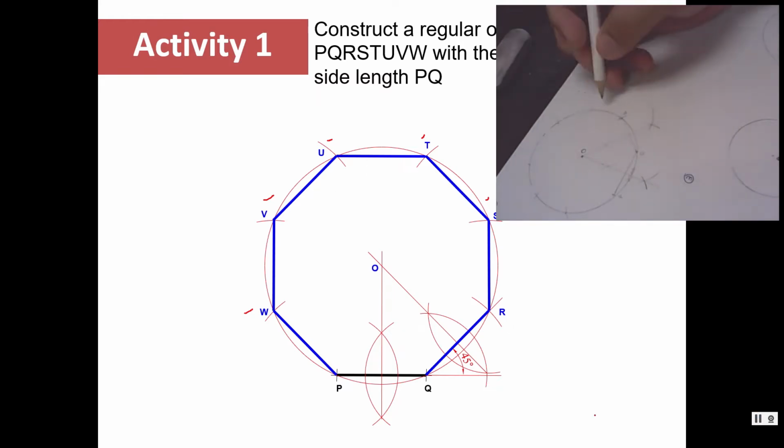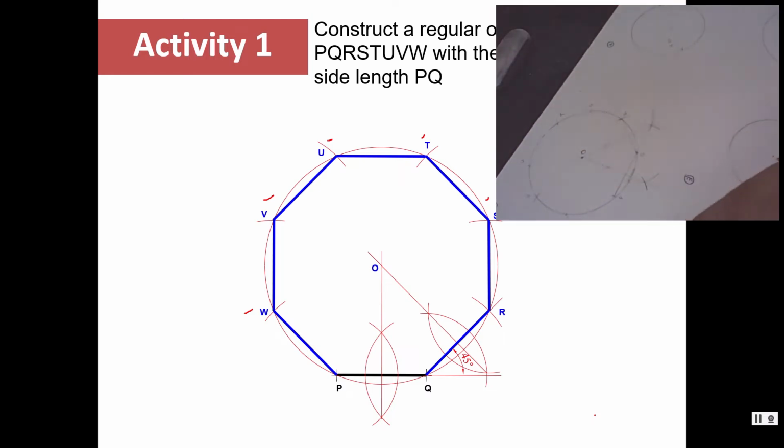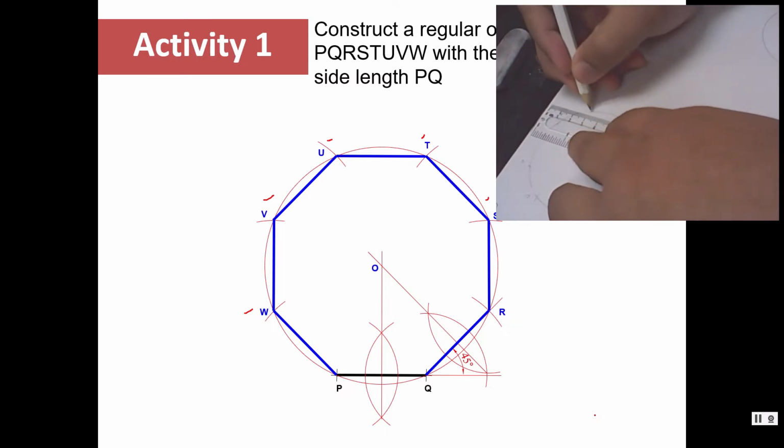So after you got all the points R, S, T, U, V, W, you can just use the ruler to connect all the dots.